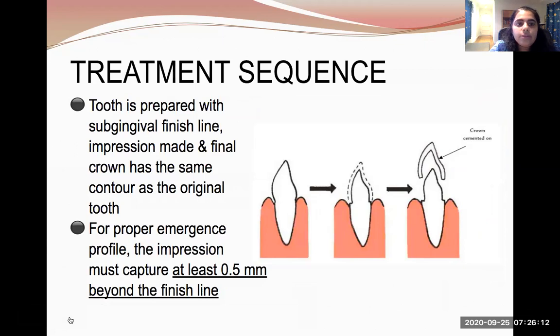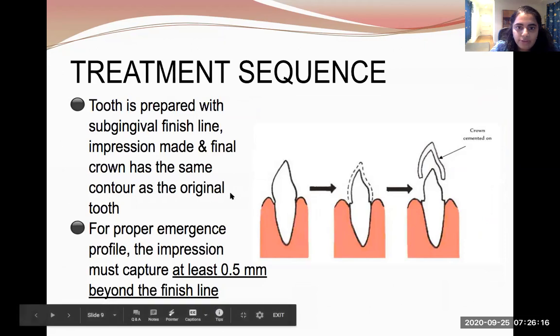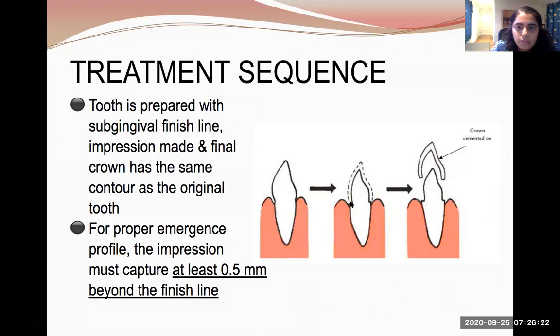So the treatment sequence is that the tooth is prepared up till the subgingival finish line, and then this is the preparation. The tooth is done, and then you can almost see that's about like a millimeter and a half. It changes depending on which material is the crown.